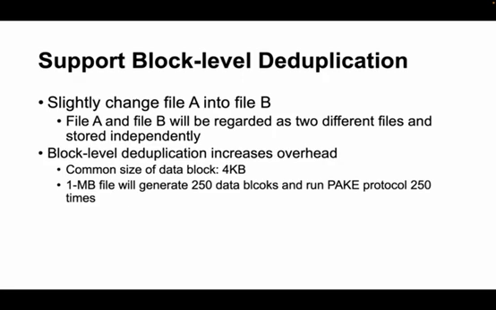While this may significantly increase the overhead of key exchanging, as stated by the paper, from my experience, for the best storage efficiency, current deduplication solutions usually divide the file into blocks of size around 4 kilobytes, which means that a 1 megabyte file will generate around 250 encryption keys and run the PAK protocol 250 times, which dramatically increases the demands on computation and network resources.